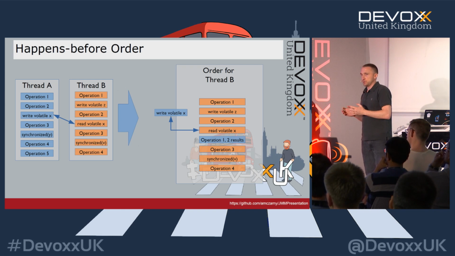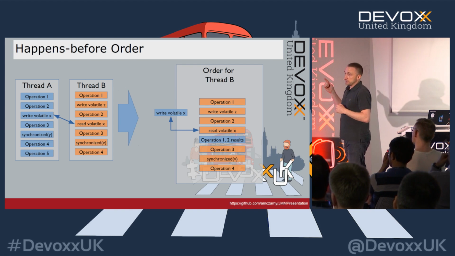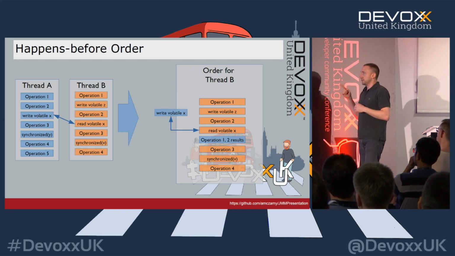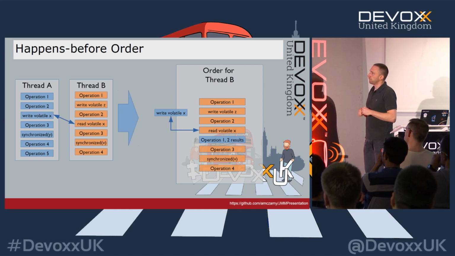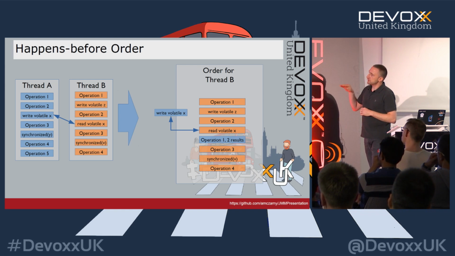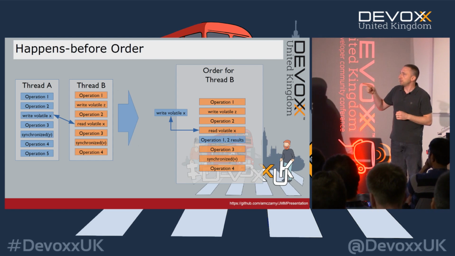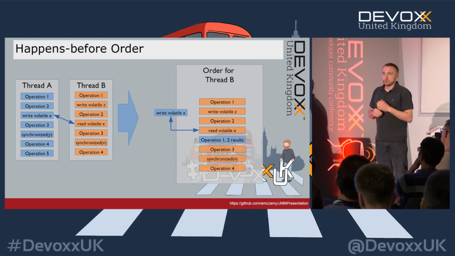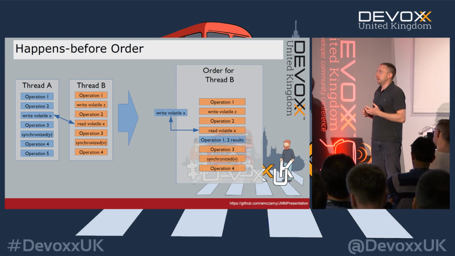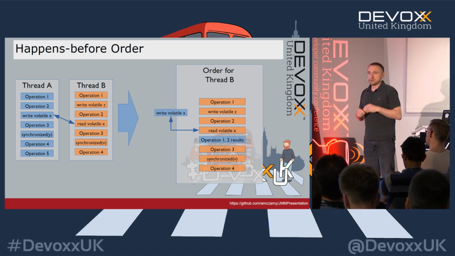The results of that operation should be visible to our thread B. So operations 1 and 2 results, we have access to them. And then operation 3 is synchronized V, operation 4. Unfortunately, there's nothing about operations 3, 4, and 5 from thread A, because we don't have any other synchronized-with relations. So that's the main game.